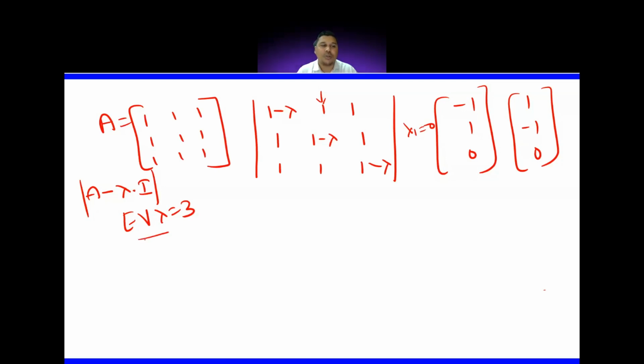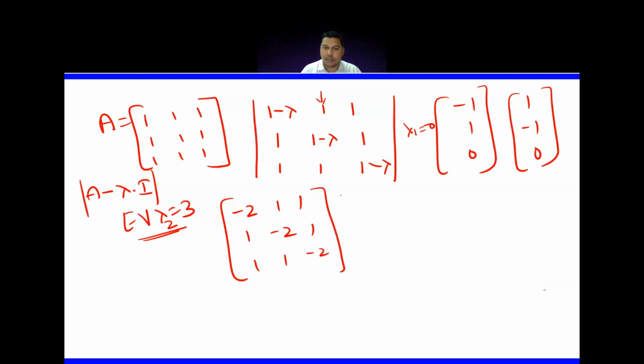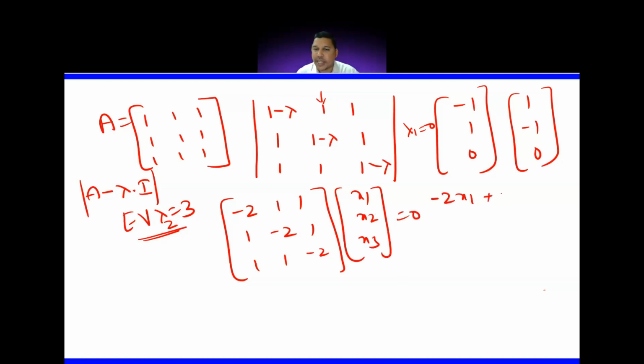We want to find it for lambda 2, the eigenvalue 3. The matrix becomes minus 2, 1, 1, 1, minus 2, 1, 1, 1, minus 2, because I'm substituting lambda equal to 3, times x1, x2, x3 equal to 0. You can apply Cramer's rule here. The first equation is minus 2x1 plus x2 plus x3 equal to 0. The second equation is x1 minus 2x2 plus x3 equal to 0. For the third, taking any first two equations is sufficient.